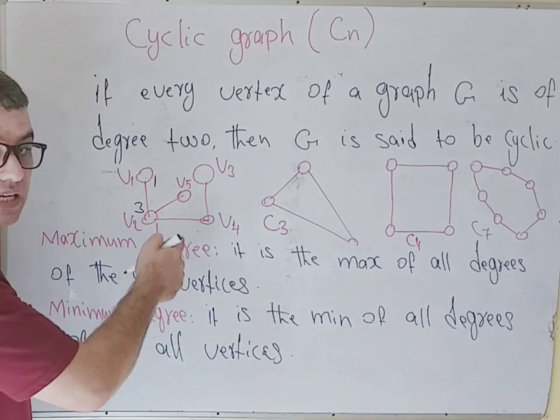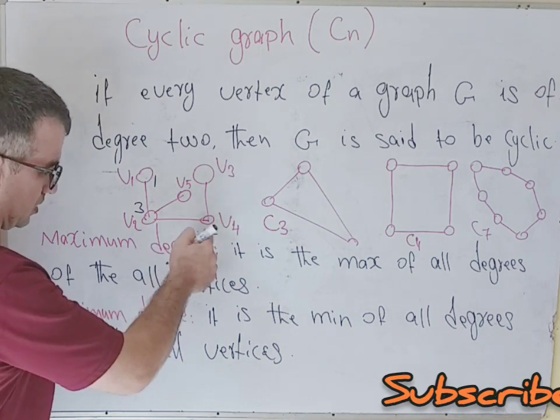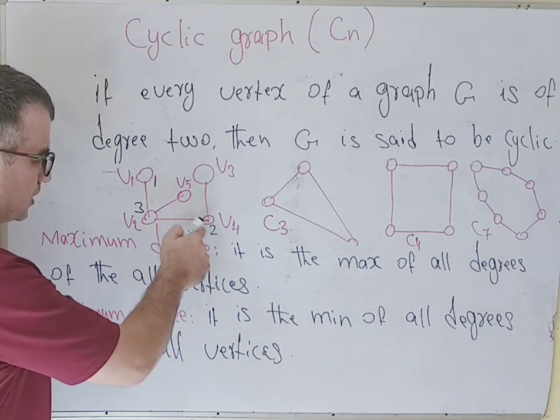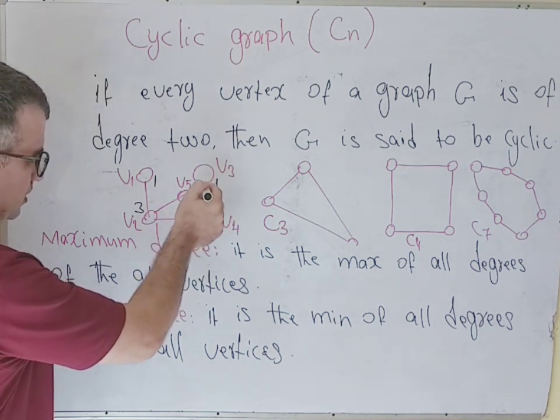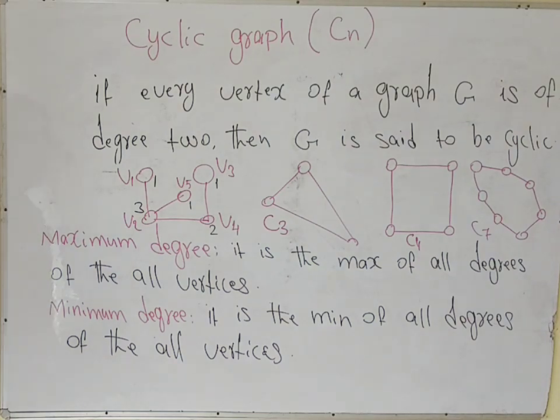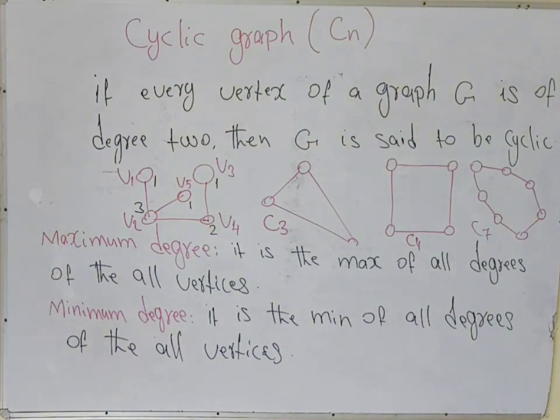It is connected to 2 vertices, so its degree is 2, and here is degree 1, and vertex number 3 is also degree 1.